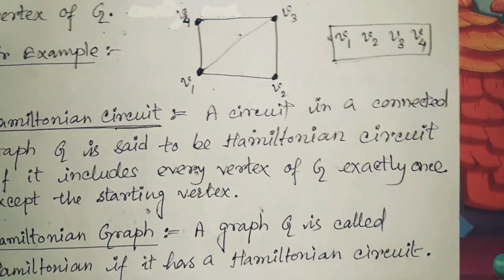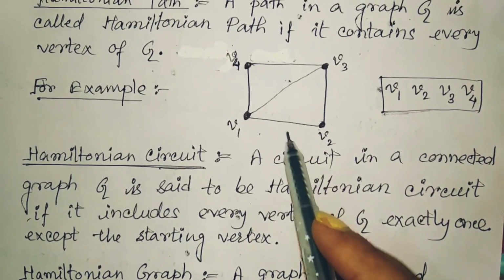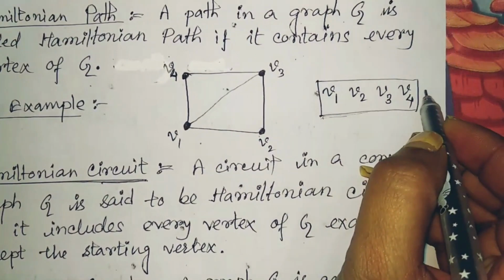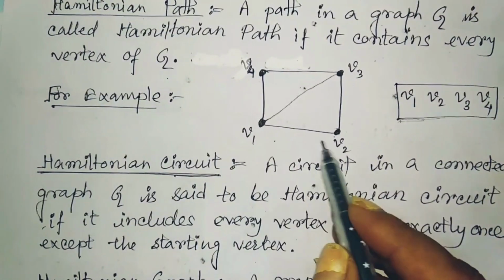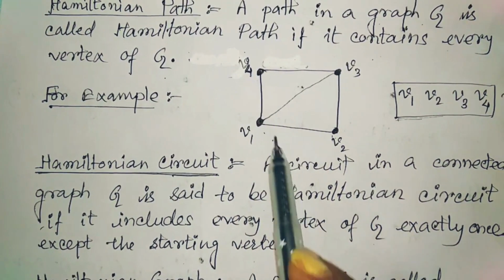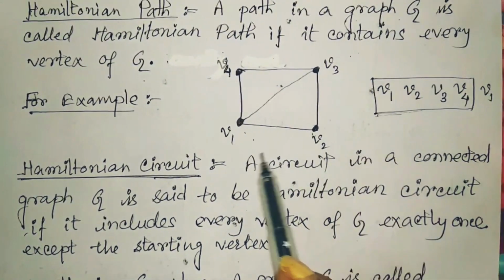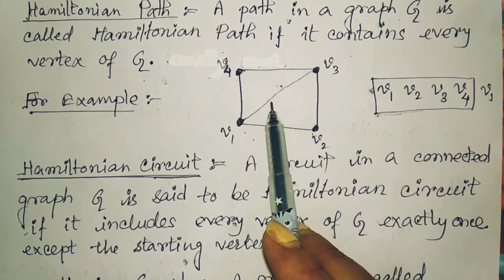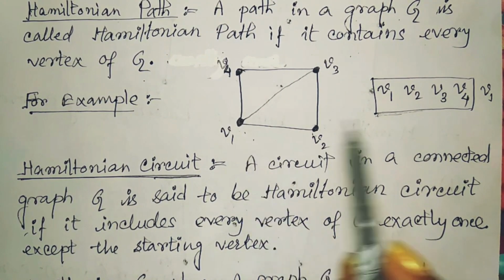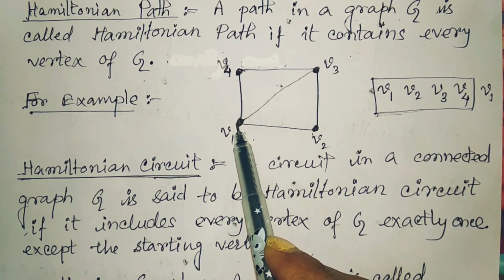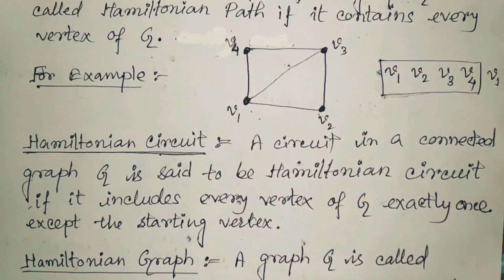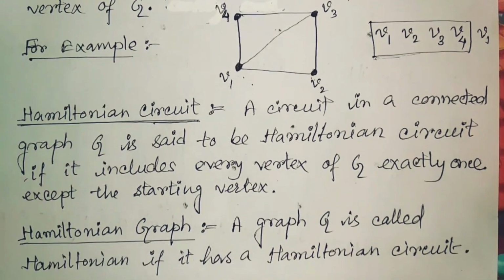So if we consider the same graph, then here if we extend this one to V1, that means V1 to V2, V2 to V3, V3 to V4 and V4 to V1, this one is forming the Hamiltonian circuit.